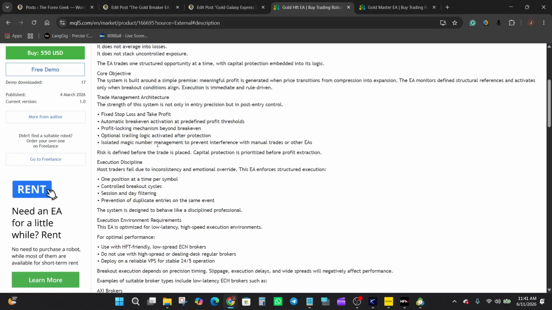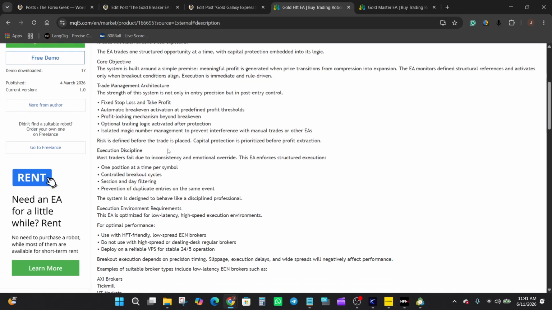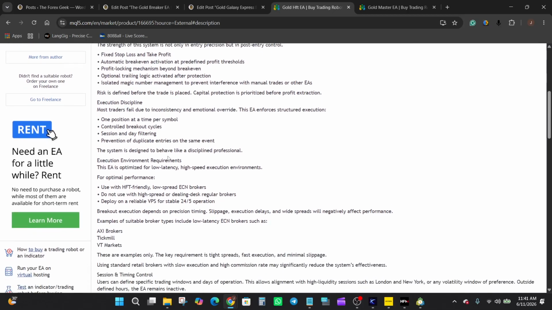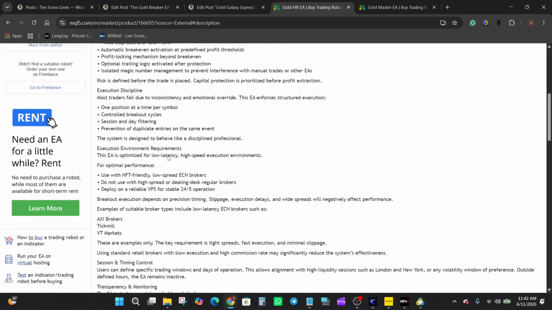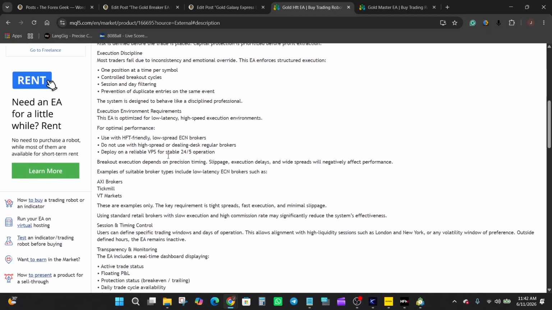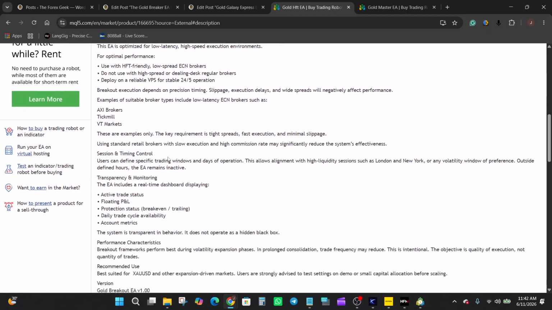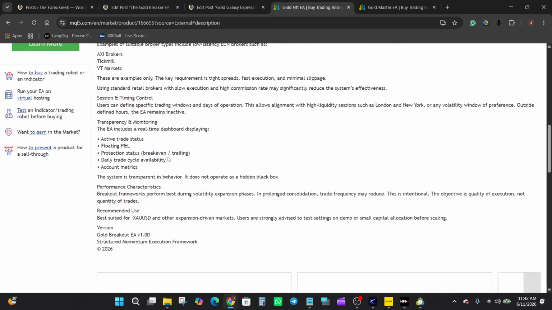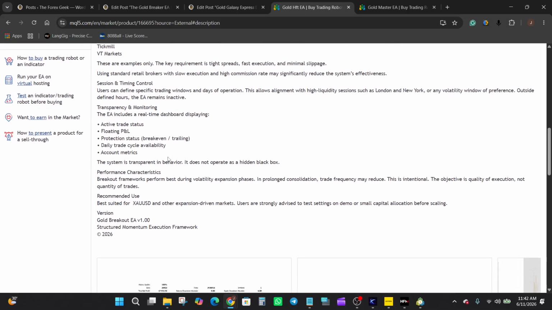That means it can be set to trade only during specific high liquidity periods like the London or New York sessions, while staying inactive outside those windows. I also notice it includes a transparency dashboard which shows real-time trade status, floating profit and loss, protection status, and daily trading cycle information.